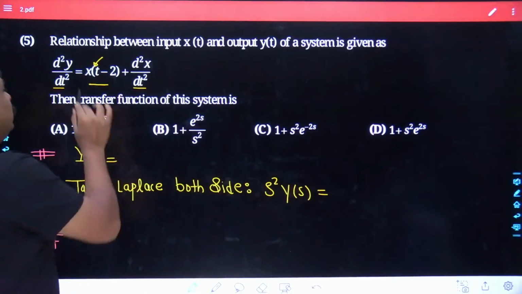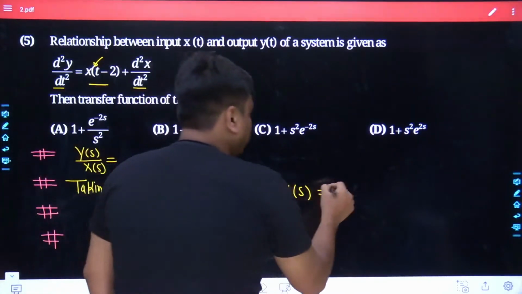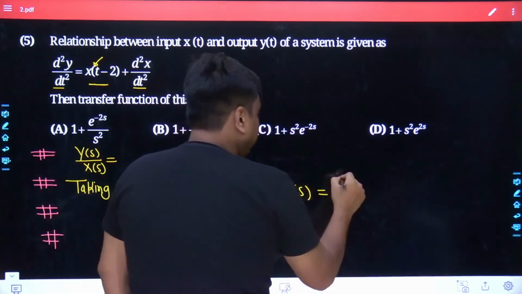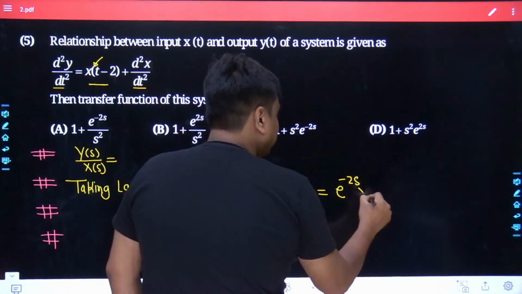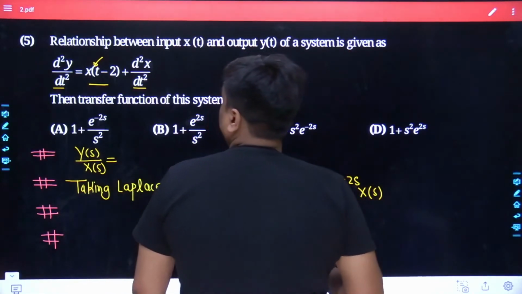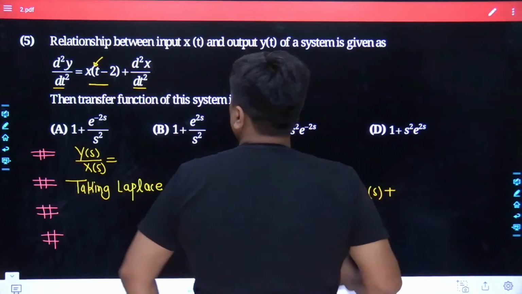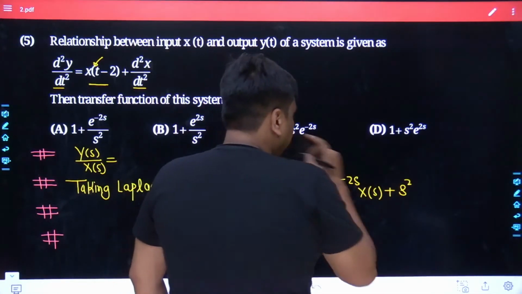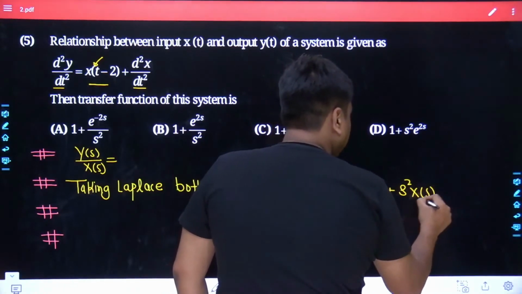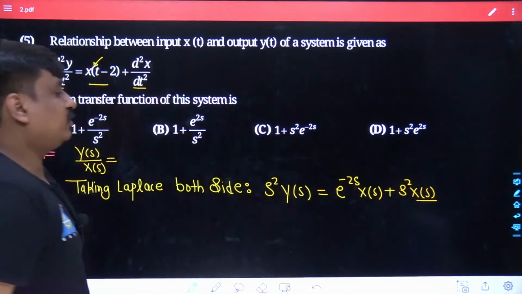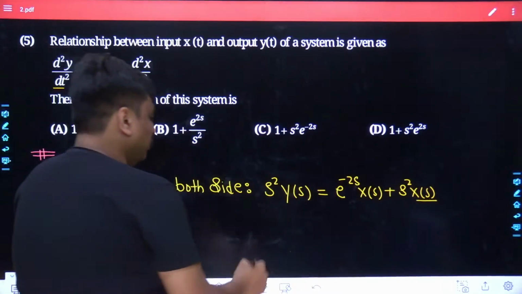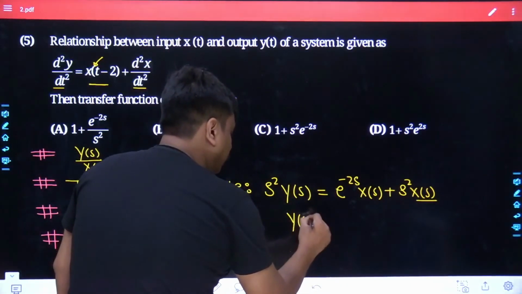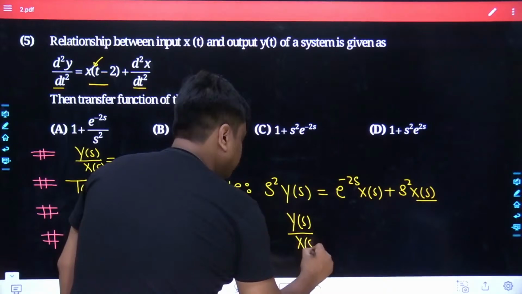See, x of t minus a stands for e to the power of minus as, which here is e to the power of minus 2s times x of s, and again the same process has to be followed. The initial conditions are dropped, so we are left with s square alone, and here it becomes X of s. And as per the problem, we are looking for the ratio of Y of s divided by X of s.